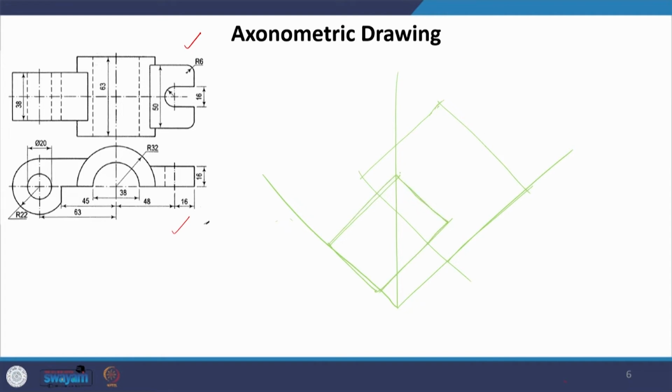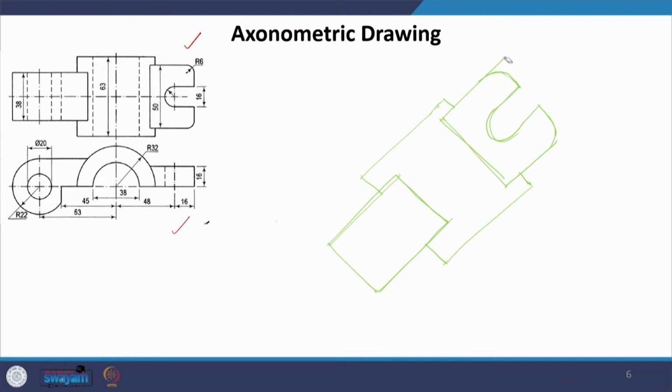And so, this is the plan which we got, right. So, I am erasing all the excess lines so that we have just the plan left.